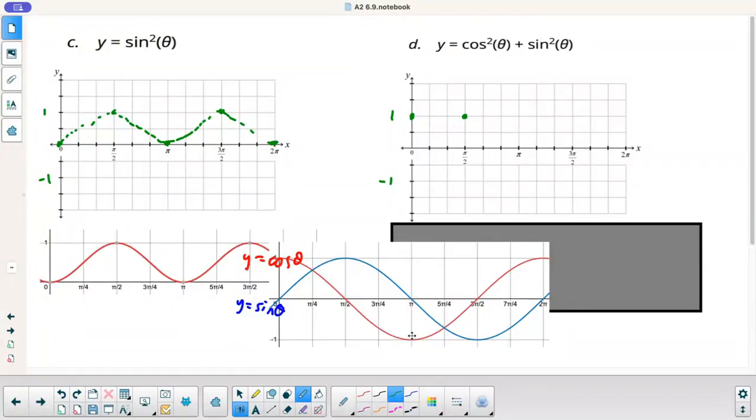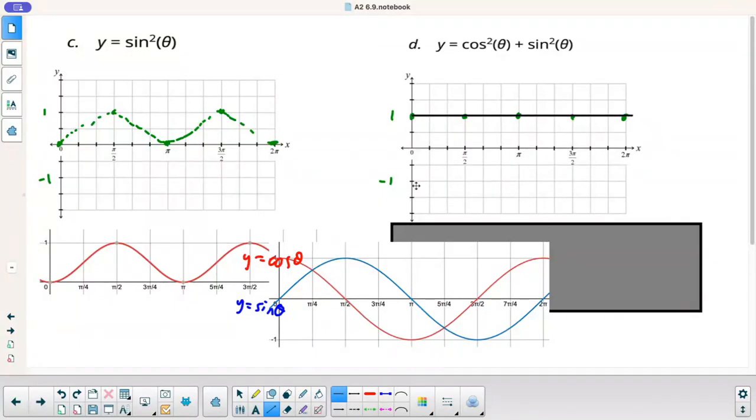Negative 1 squared is 1. Remember, negative 1 squared is negative 1 times negative 1, okay? A lot of people accidentally think it's negative 1, but that's 1. 0 squared plus negative 1 squared at 3 pi over 2 is 1. And then same thing here. So it looks like it's like a straight line.